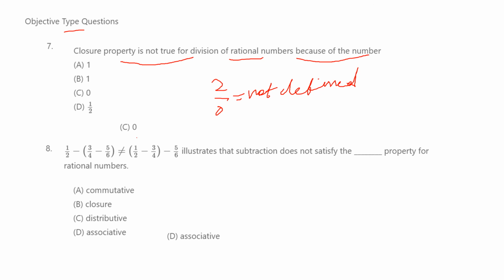Next one, 1 by 2 minus bracket of 3 by 4 minus 5 by 6 is not equal to bracket of 1 by 2 minus 3 by 4 closing bracket minus 5 by 6 illustrates that subtraction does not satisfy. This is associative property only. So associative property for rational numbers.